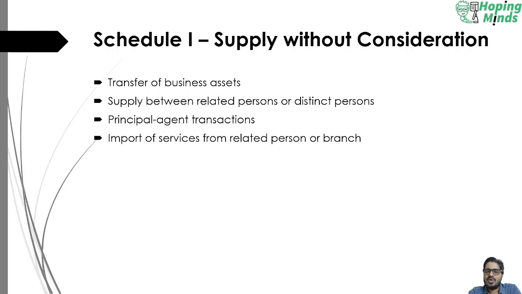It also includes supply of goods by the principal to the agent and vice versa, and import of services by a taxable person from a related person or from their own establishment outside India. For example, a head office in Mumbai sending a laptop to its Delhi branch, which is separately registered under the GST and has a different GSTIN, constitutes a valid supply.